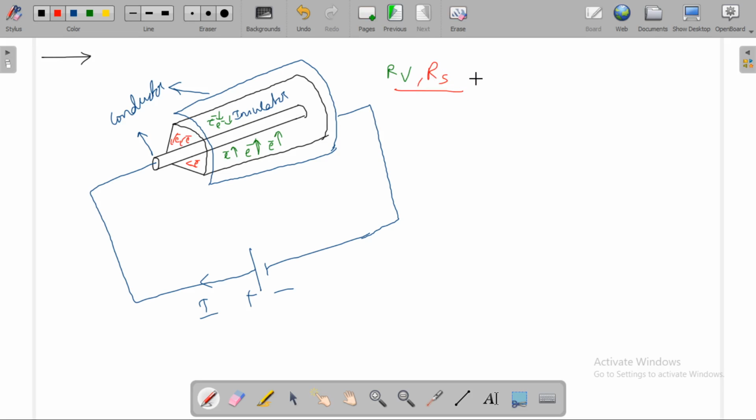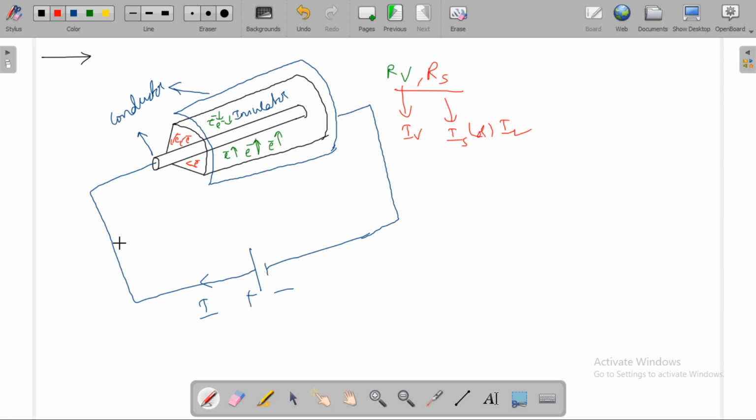Now I have to eliminate leakage current. This will be IB, this will be IS, IL.